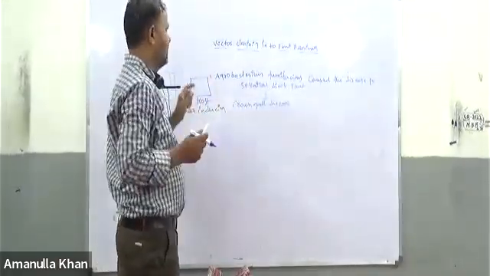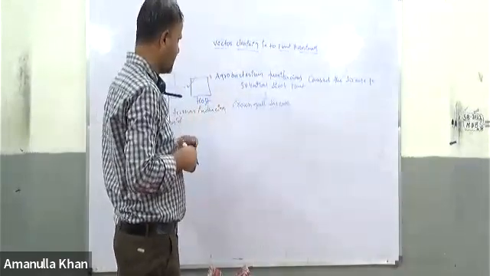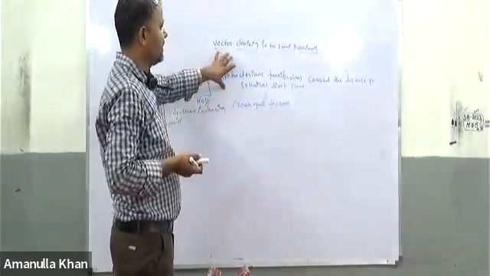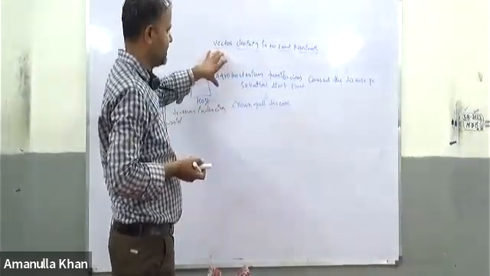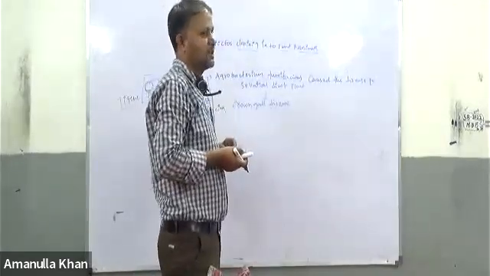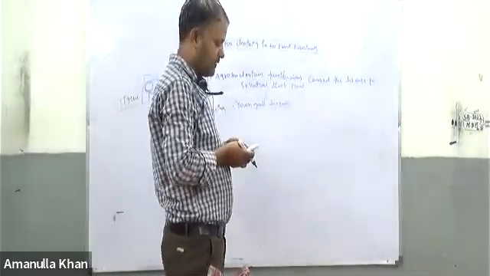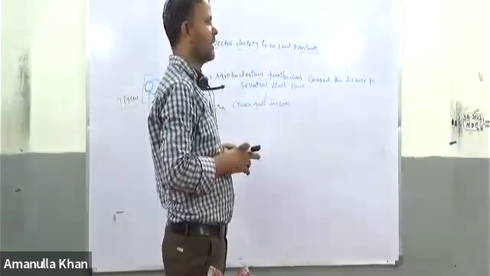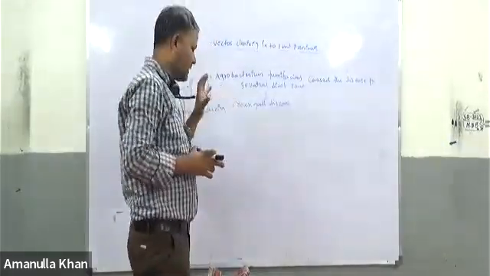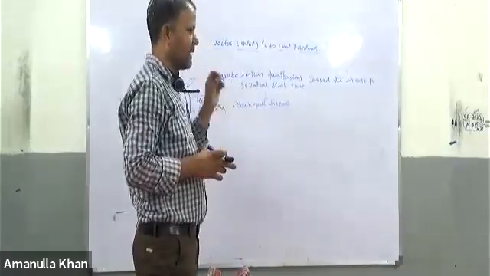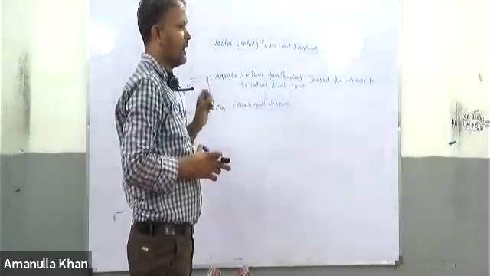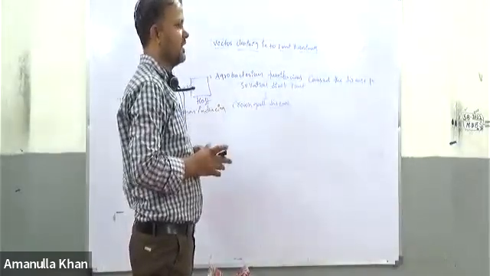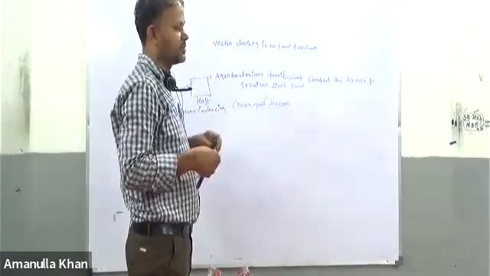The next one under this point: here Agrobacterium, again I explain this one. Agrobacterium tumefaciens causes the disease. The disease name is crown gall disease. And in the bacteria there is a plasmid. That plasmid has a specific gene. That gene's name is Ti, which means it induces the tumor.